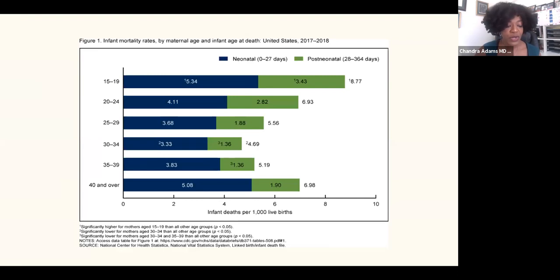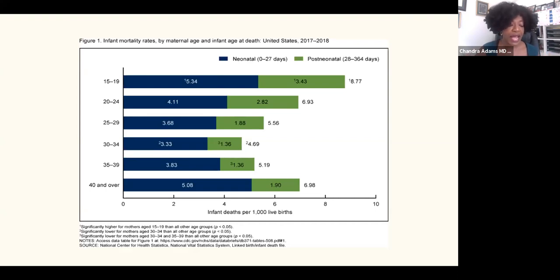From 25 to 29, they have improved access. Maybe your job is a little bit better, you've gotten some promotions, and there's more awareness about the need to have a regular doctor and start getting regular checkups. Then there's that sweet spot at about 30 to 34, where you're in a good socioeconomic state personally, but you're also not so old that your chronic health conditions increase your risk of chromosomal abnormalities.